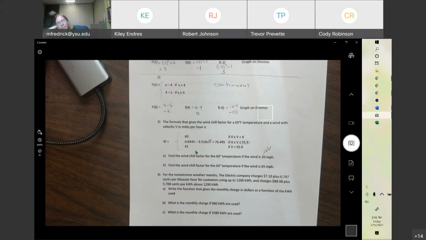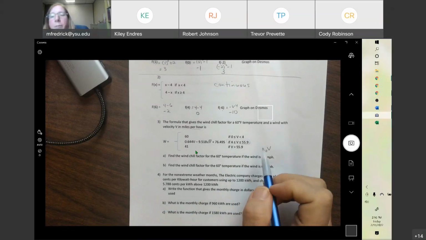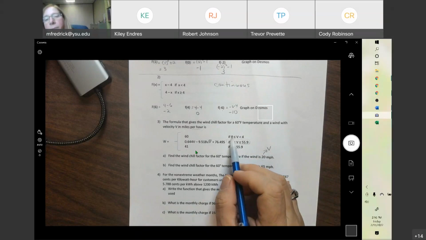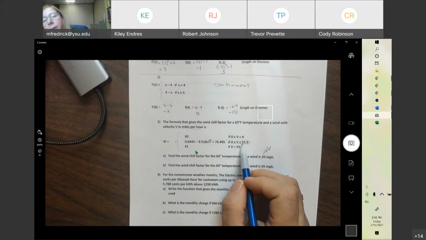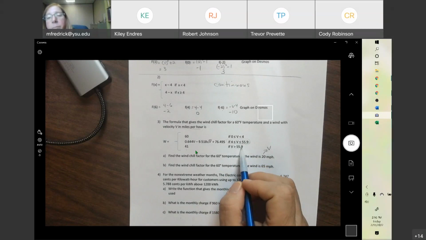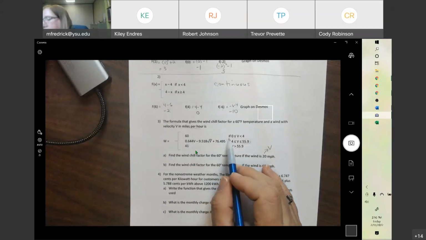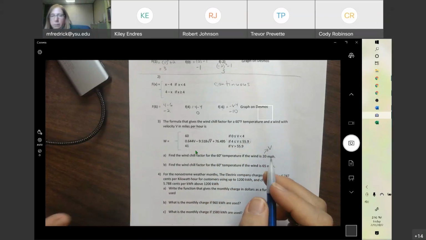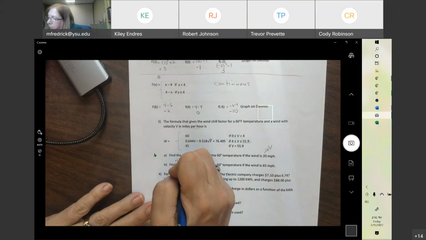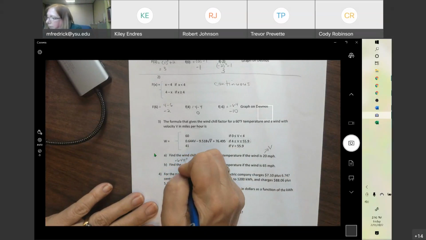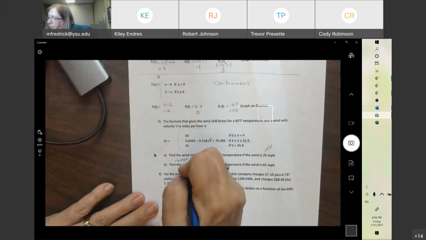Is it the middle? Yes. It's the middle because 20 is not between 0 and 4, but 20 is between 4 and 55.9. It's not greater than 55. So it falls into the middle, so we use the middle equation. 0.644 times, and we'll plug 20 in for v.